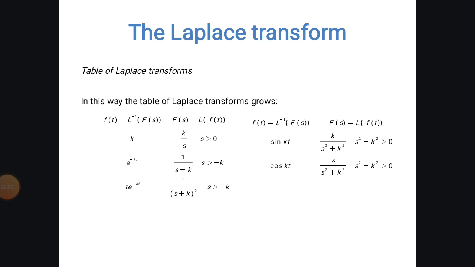Next, if it is sin kt, it is k upon s square plus k square. What is the condition? The denominator should not be 0, that is, s square plus k square is greater than 0. Next is cos kt. It is s upon s square plus k square, where the denominator is greater than 0.